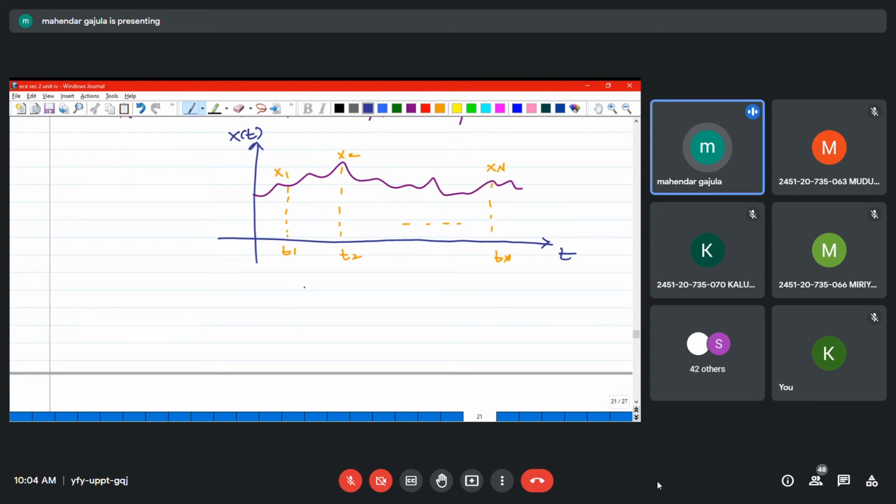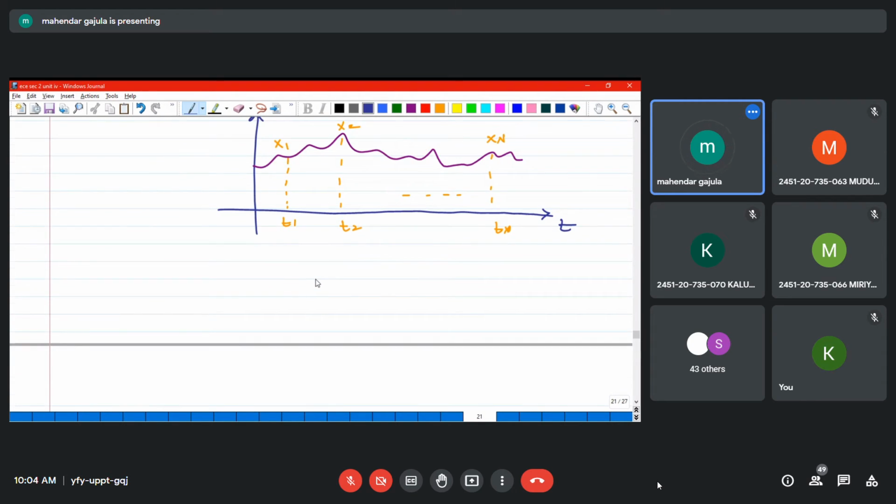These random variables are said to be jointly Gaussian if they follow the Gaussian distribution. x(t) is a Gaussian random process. In that we are going to obtain n number of random variables. All those are Gaussian random variables only.